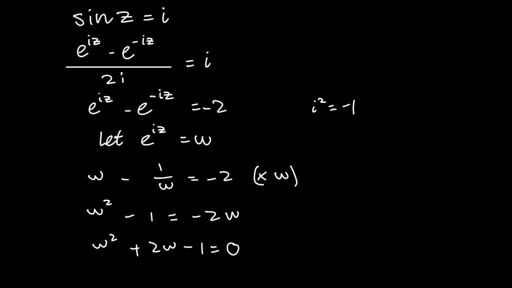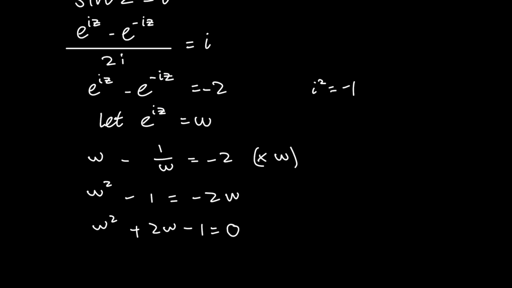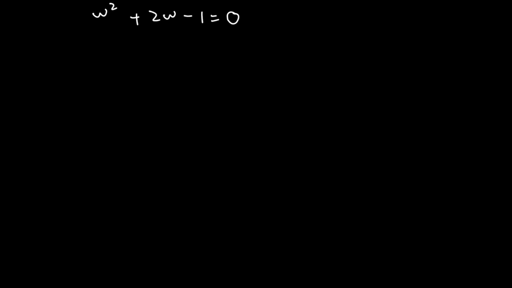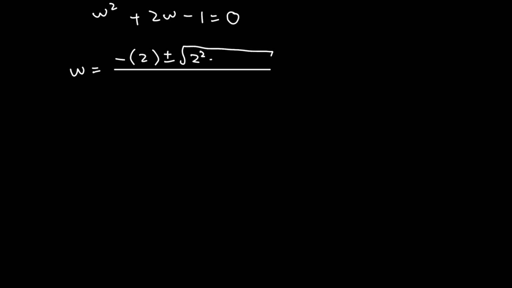It's difficult to factor this in our heads, so we're going to use the quadratic formula. We have w is equal to minus b, which is 2, plus or minus the square root of b squared, which is 2 squared, minus 4 times a, which is 1, times c, which is negative 1, all over 2a. And a is just 1, so 2 times 1 is 2.